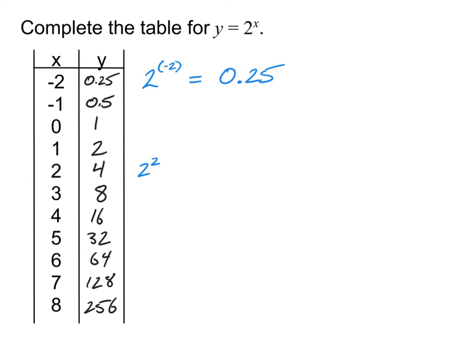Now, one of the questions that people often ask is, wait, why is 2 to the power of -2 going to give me 0.25? And our table here actually provides you with a way that you might be able to see that. Because you'll notice that as I went from 1 up to 2 to 4 to 8 and so on, as I'm going down this list, I'm doubling my last value.